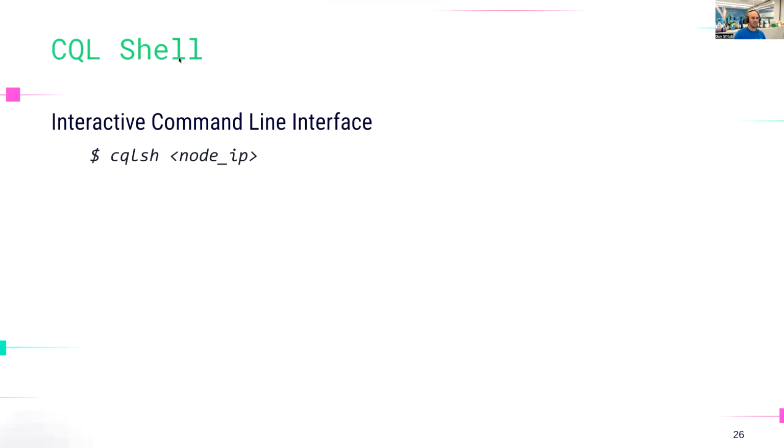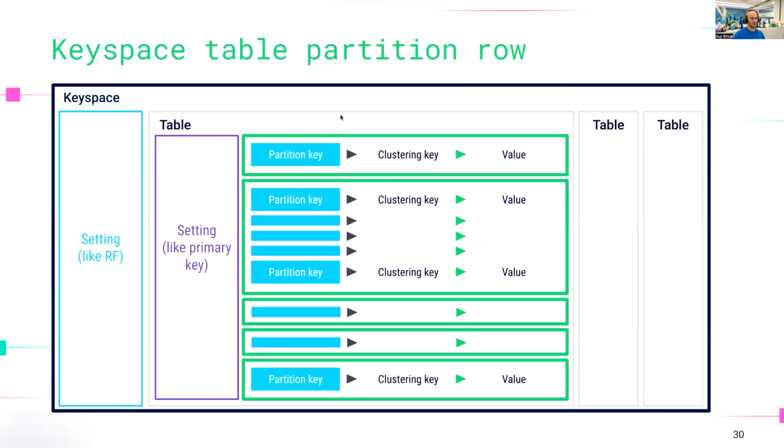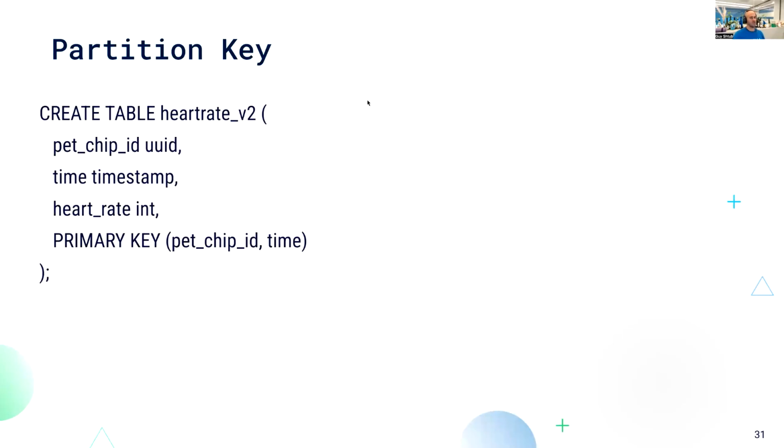Okay, let's dig deeper into partitions and keys. I already talked about replication. Don't want to repeat this, and I showed you this slide. The example that I'm showing, I'm also going to show you in the lab.